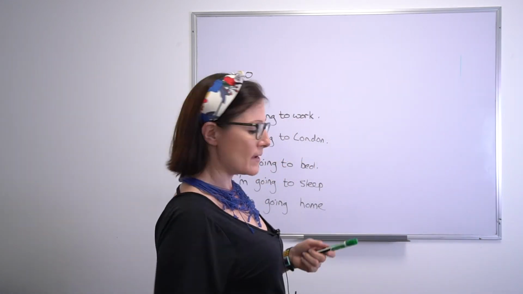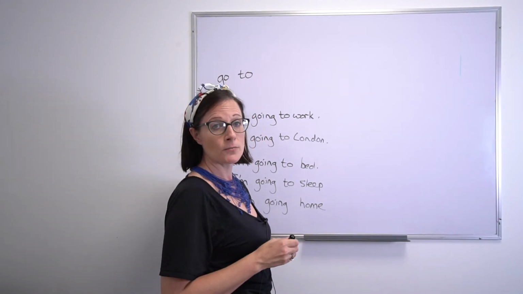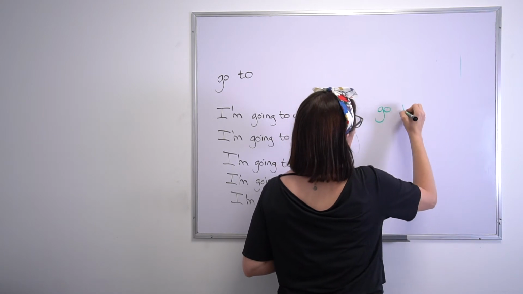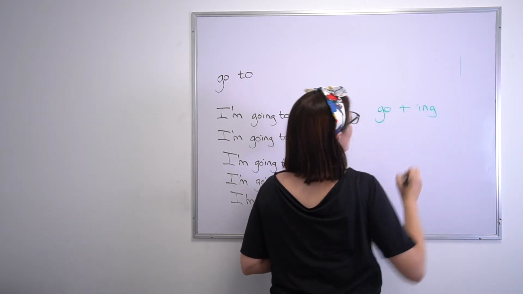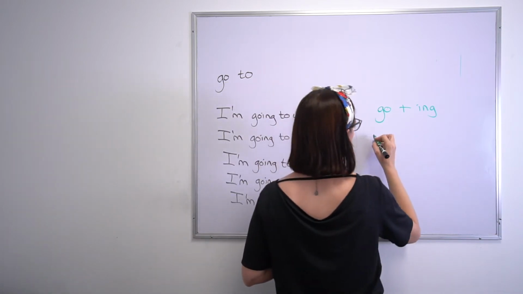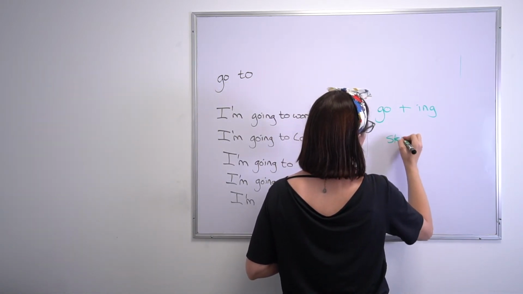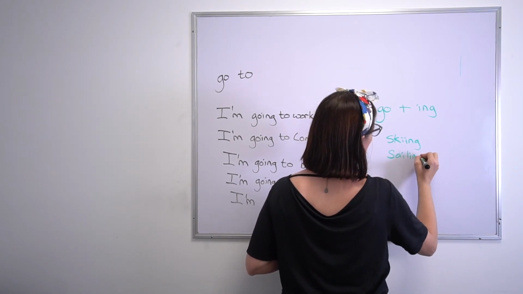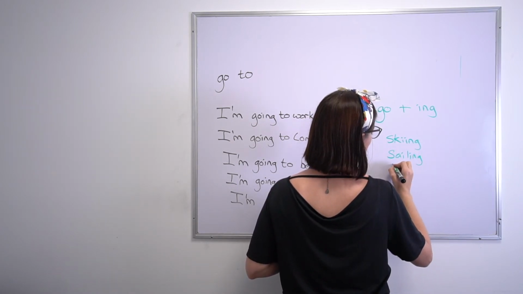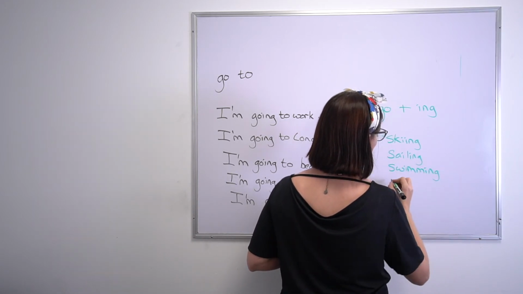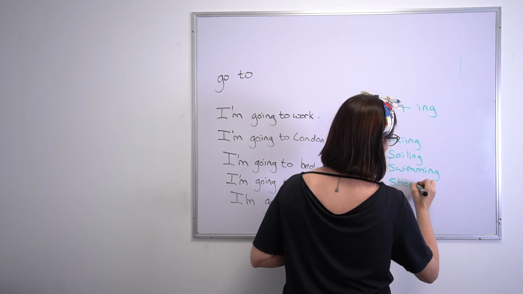The last way we can use go is when it's followed by ing. And this is very often used for hobbies or sport. For example, we go skiing, we go sailing, we can say go swimming, we can even go shopping.